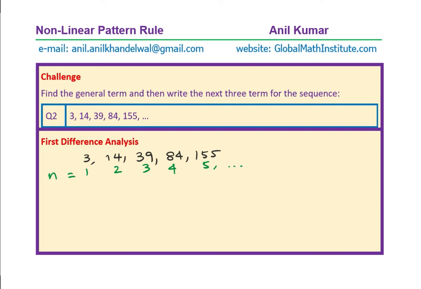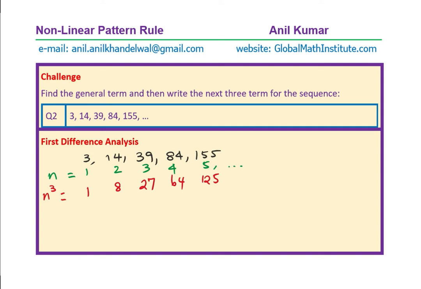N cube is 1, 2 cube is 8, 3 cube is 27, 4 cube, 16 times 4, 64, 5 cube is 125.